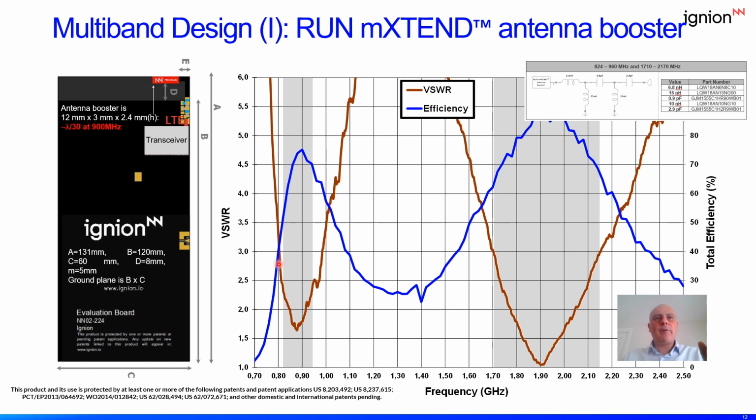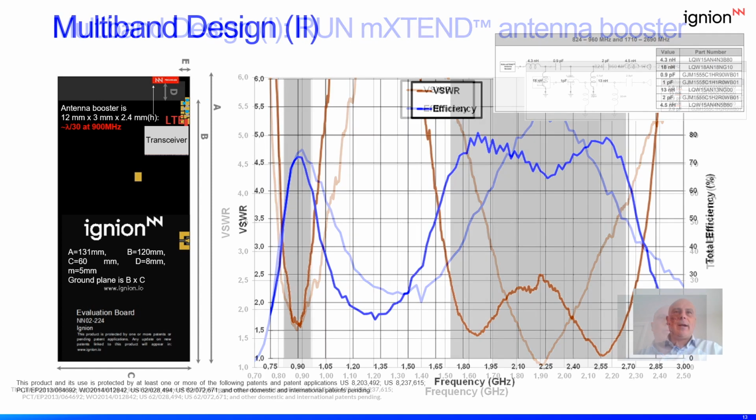As a result, we have in blue the total efficiency that is over 70 and 80% in a first frequency region and in a second frequency region. And even more challenging, imagine we want to expand the performance in this high frequency region up to 2.7 giga.